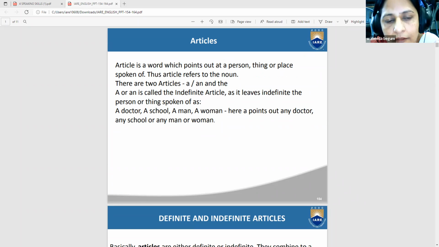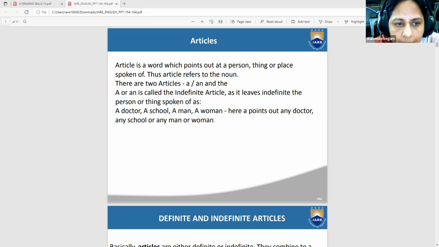A doctor, a school, a man, a woman, a dog, a cat. It can point to any doctor, any school, any man or woman, any cat or dog. It's not specifically pointed towards one particular person. It is called the indefinite article.